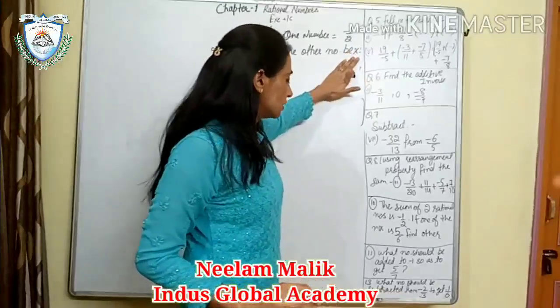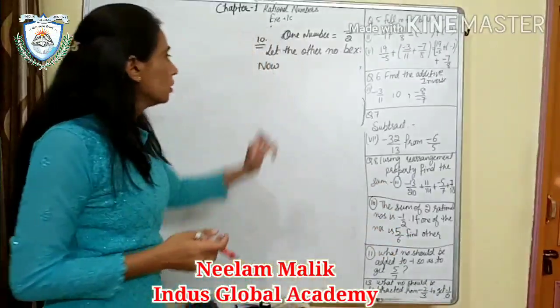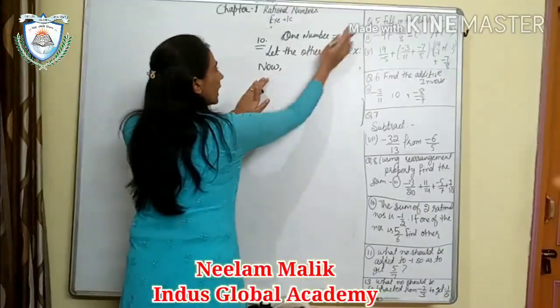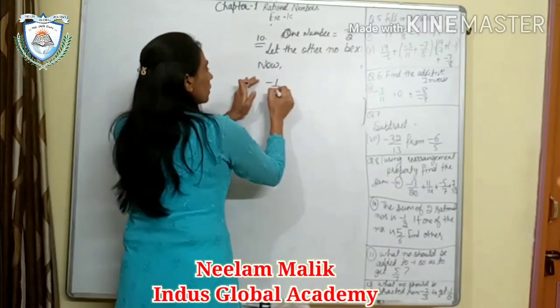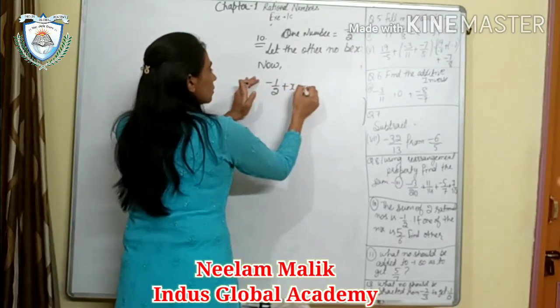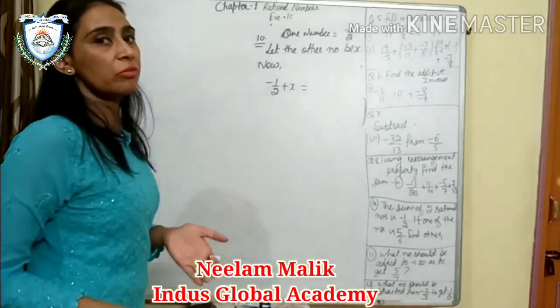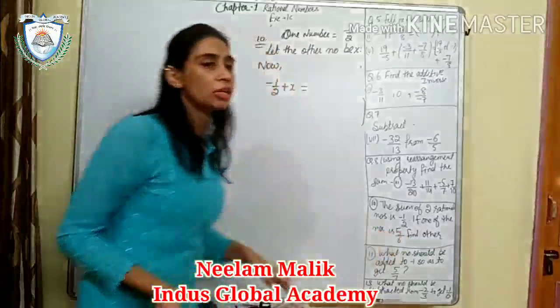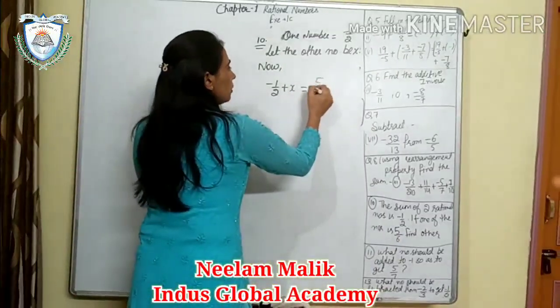So one is this, second is this, and the sum is also given. So we will add this and this: minus 1 upon 2 plus x. If we add these two numbers, what will we get? We will get the sum, which is already given, that is 5 upon 6.